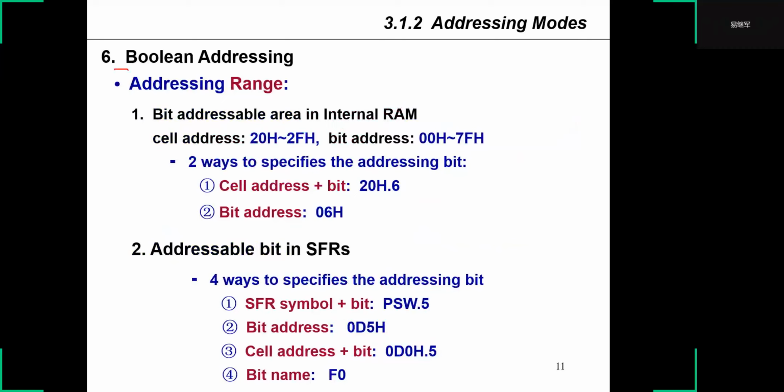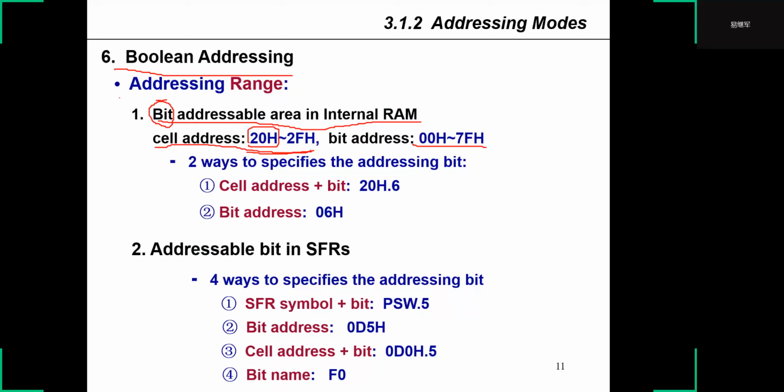Next, Boolean addressing. The range is the bit addressable area in internal RAM, just one bit. The byte addresses are 20H to 2FH, and the bit addresses are 00H to 7FH. Every byte has 8 bits.